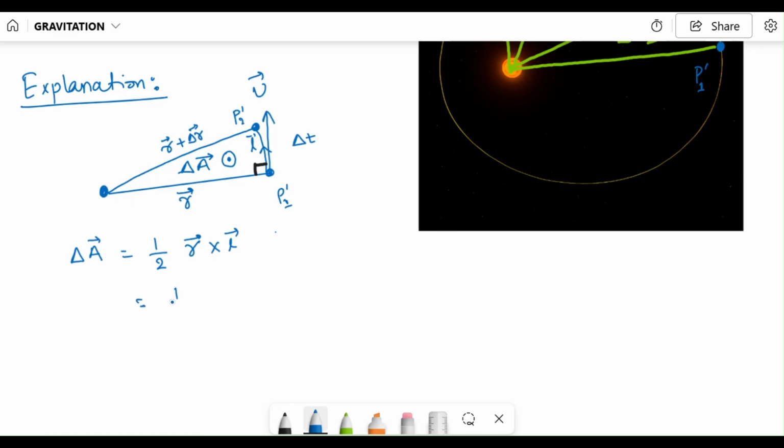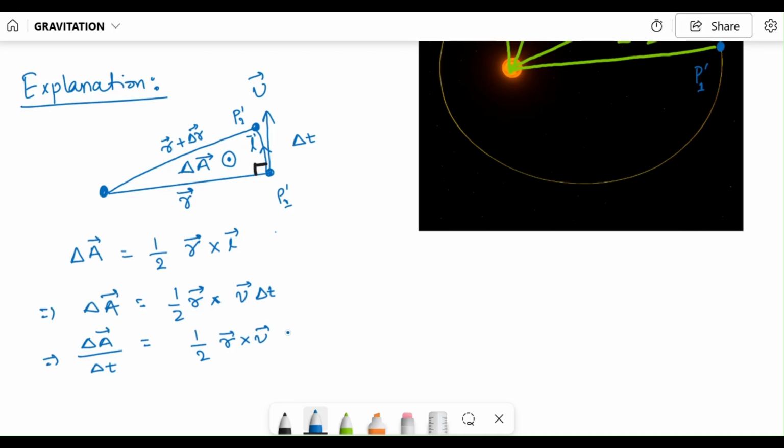And now 1 by 2 R cross L can be written as velocity vector V multiplied with delta t, and then we will have 1 by 2 R cross V equals delta A divided by delta T. Here, I have divided both sides by delta T. So, we will get this thing here.